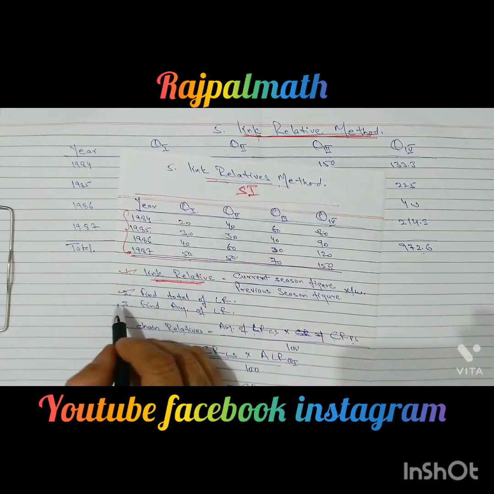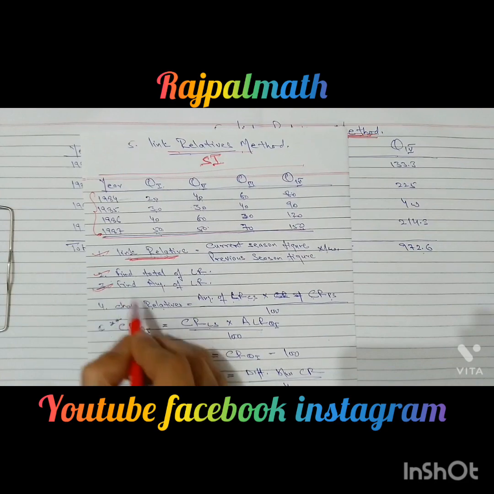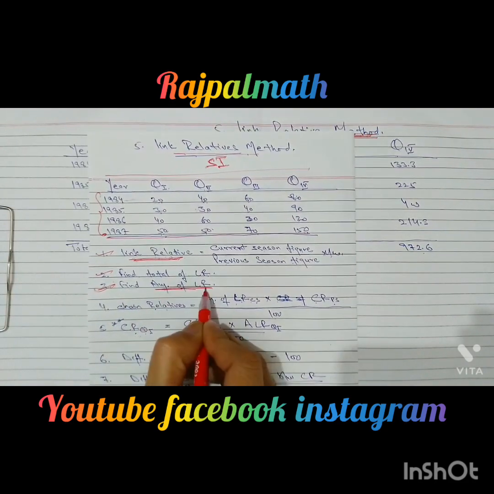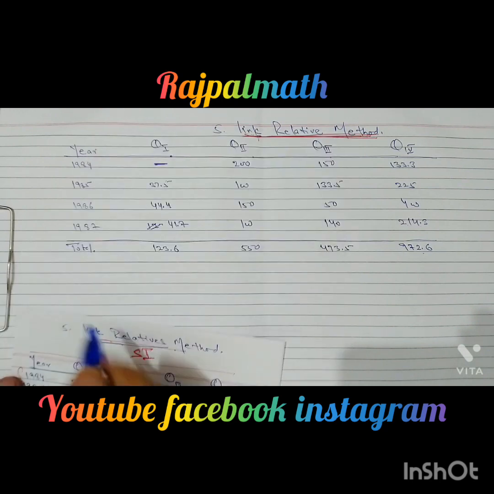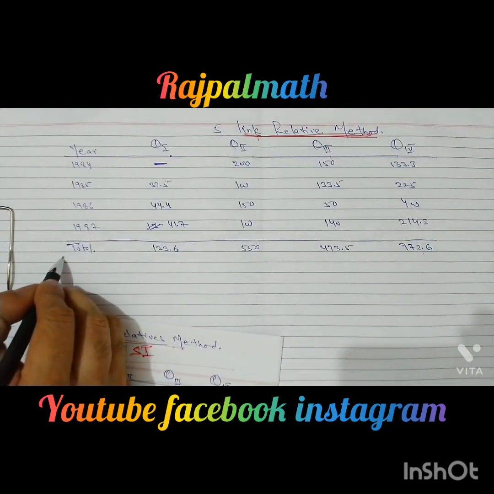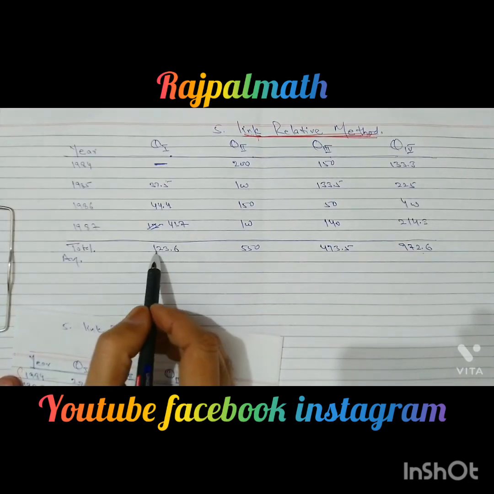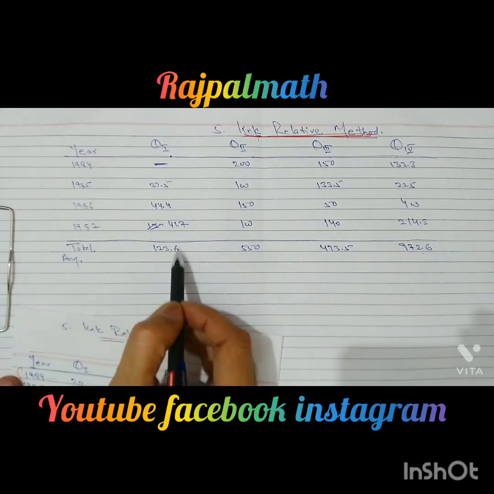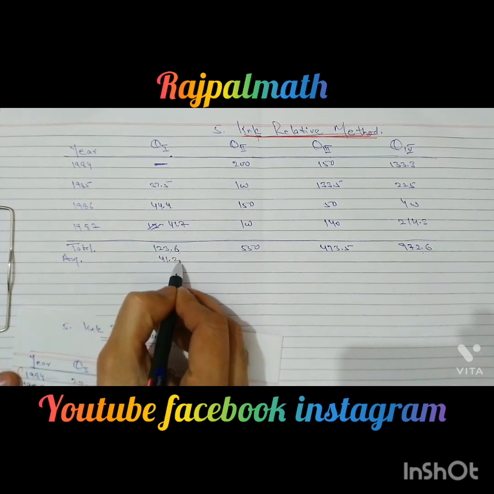Now step number 3 is find average of LRs. These are 3 terms, sum total of 3 terms. Therefore 123.6 divided by 3, we get 41.2.